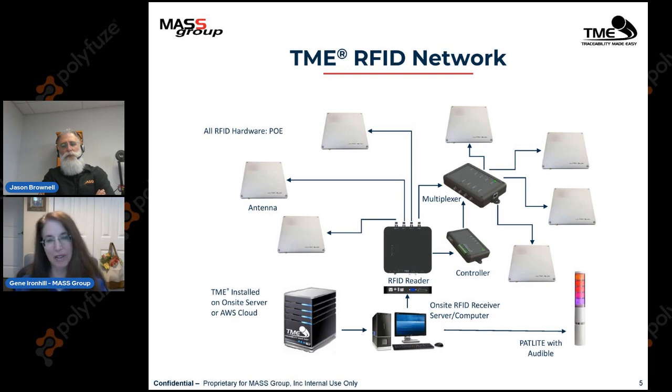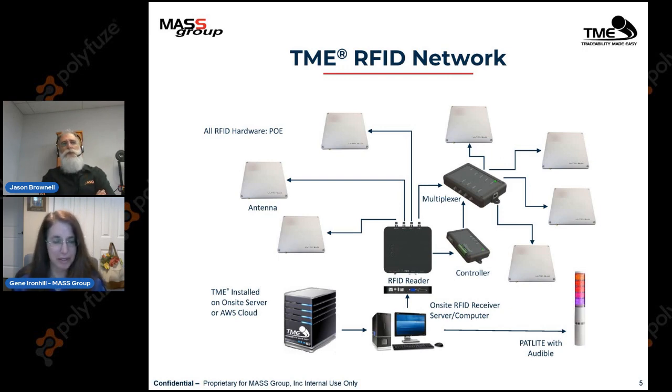So they send out power and signals, and the RFID tag announces, I'm tag number 123467889. And the reader will then send that information to TME, which translates it to this is laptop 365, or this is pallet 9259, which contains 50 of our products.